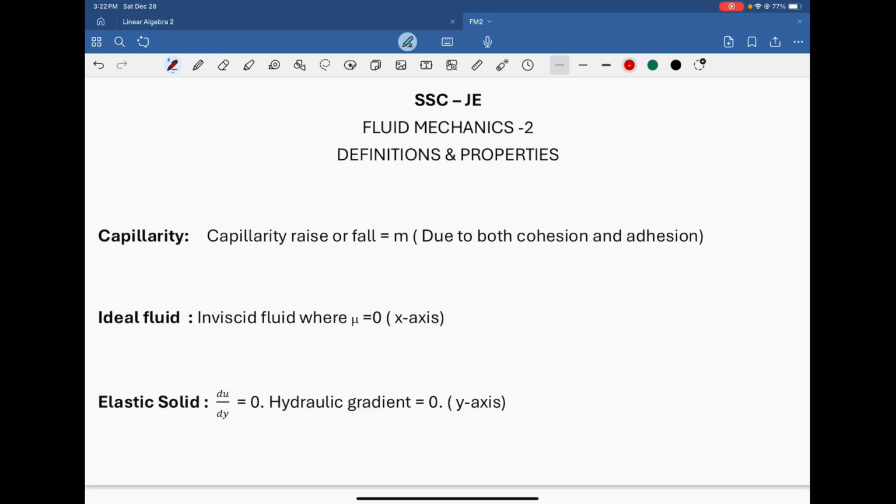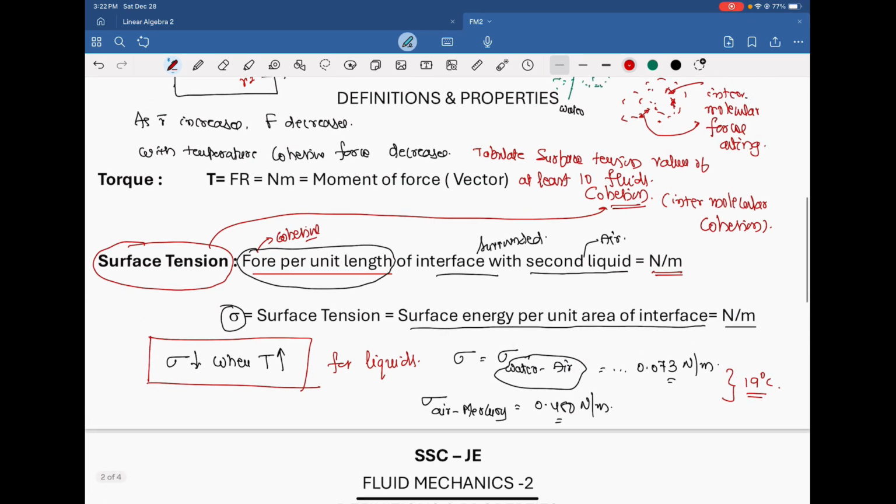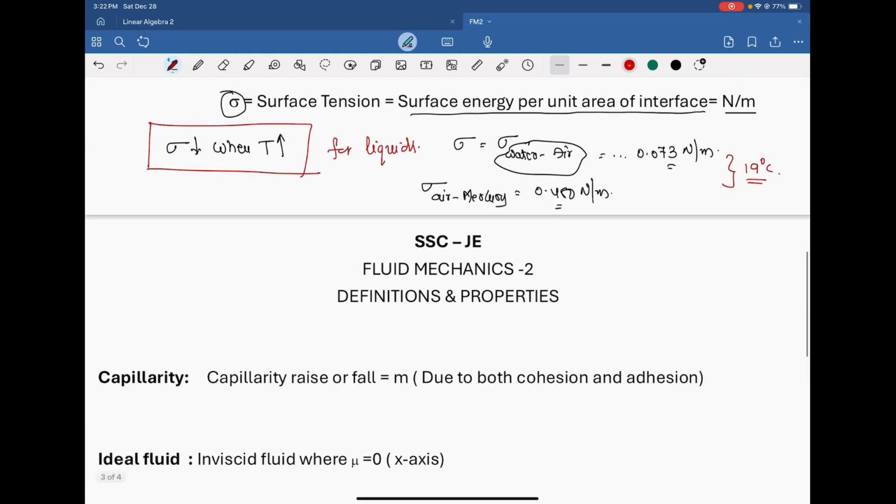Now, when I deal with surface tension in detail, it is only regarding definitions I am talking about. I will tell you about the pressure intensity inside a droplet, inside a soap bubble.